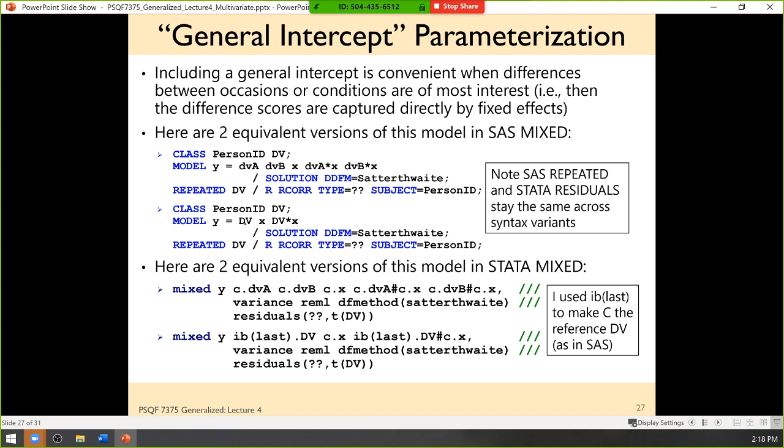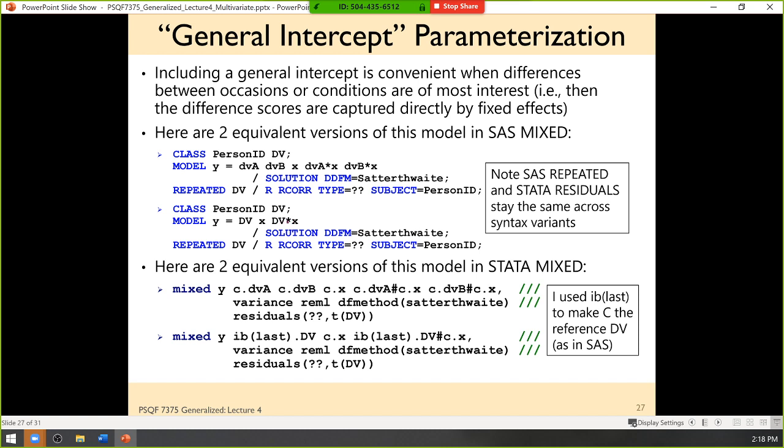If I put in dv and I have my general intercept, what SAS is going to do behind the scenes is put in its internal variables that it made that do the same thing as my external variables, dva and dvb. It does the same thing here for the interaction term.